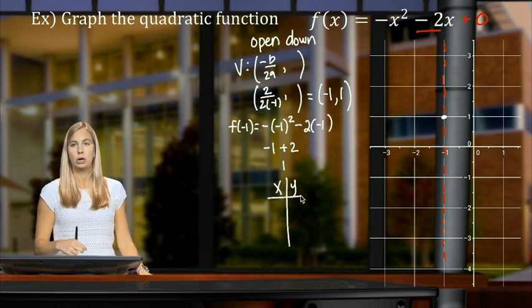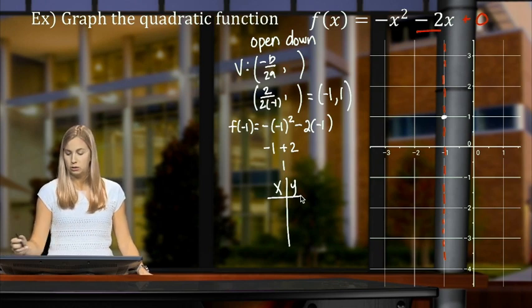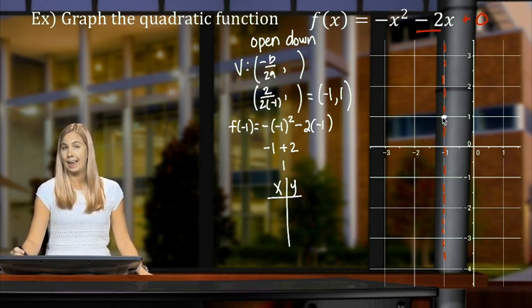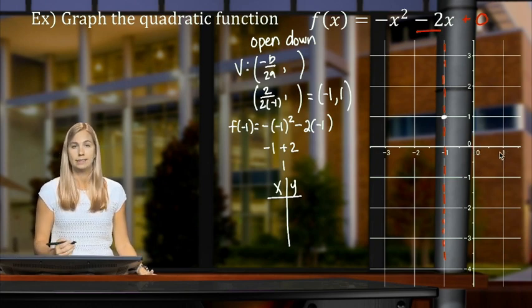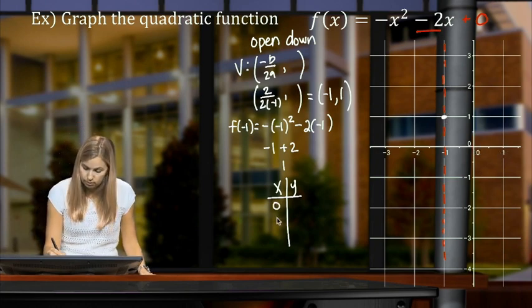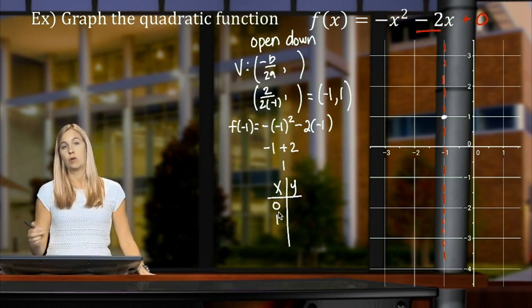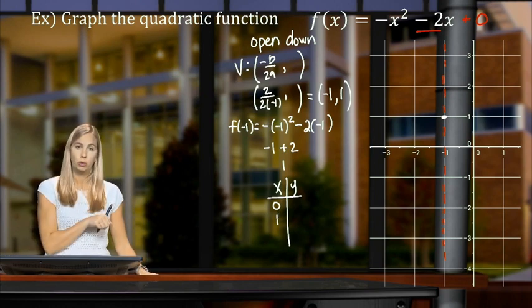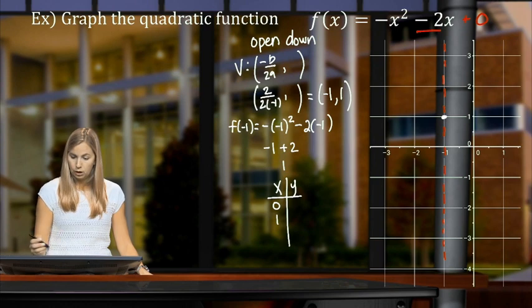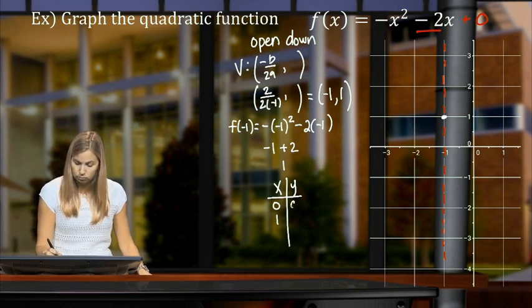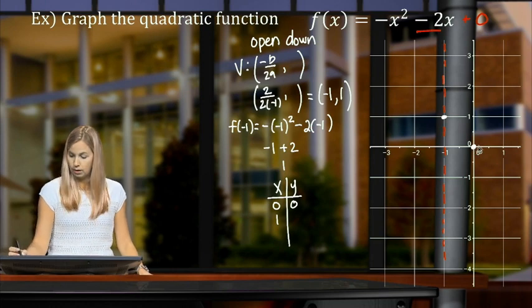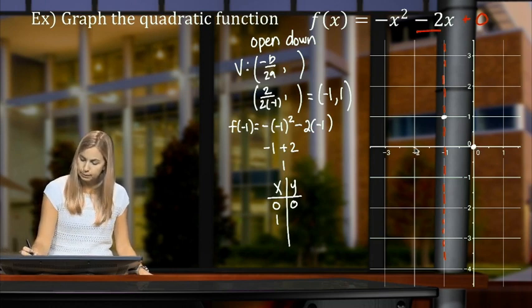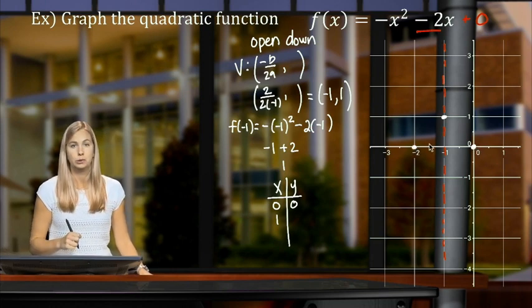To plot my additional points, setting up my table of values, my vertex is at x equals negative 1. So I'm going to plug in x equals 0 and x equals 1 again to get my 2 points on the right, and then I'll reflect those to get my 2 points on the left. When I plug in x equals 0, we get y equals 0. And reflecting that about the axis of symmetry, I get this point at (negative 2, 0).